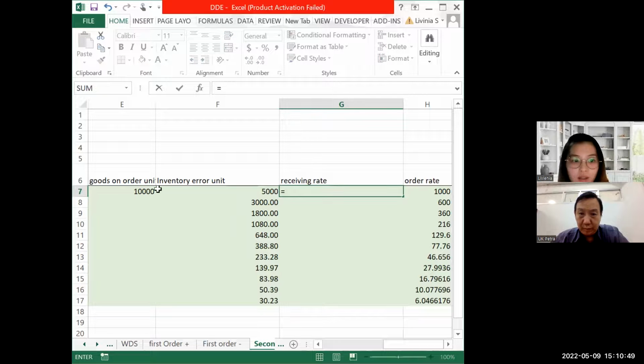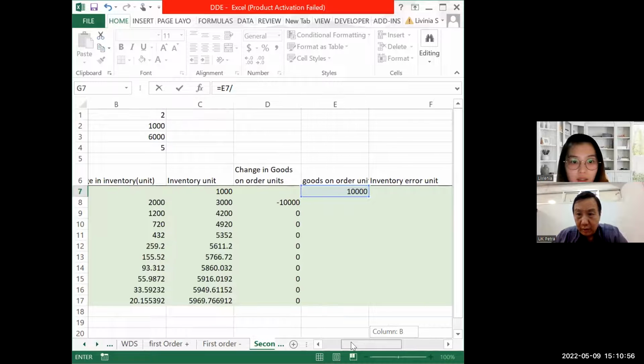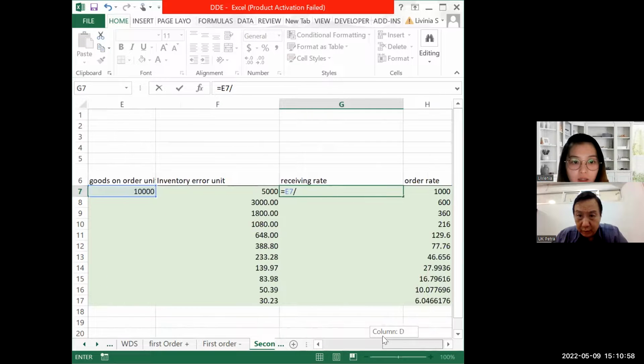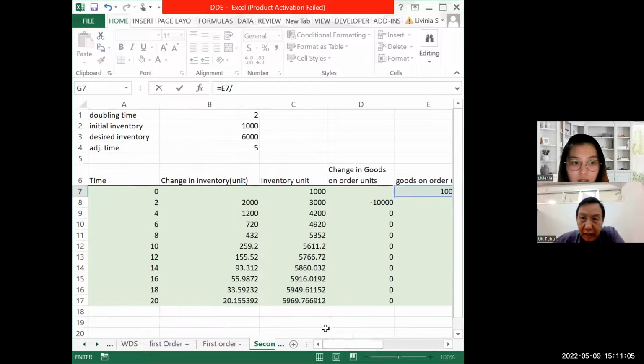Receiving minus... The receiving rate is just the good in order unit divided by the delay. The delay is 10, right? The delay order is a parameter. So 10 weeks. Or you add one more parameter.